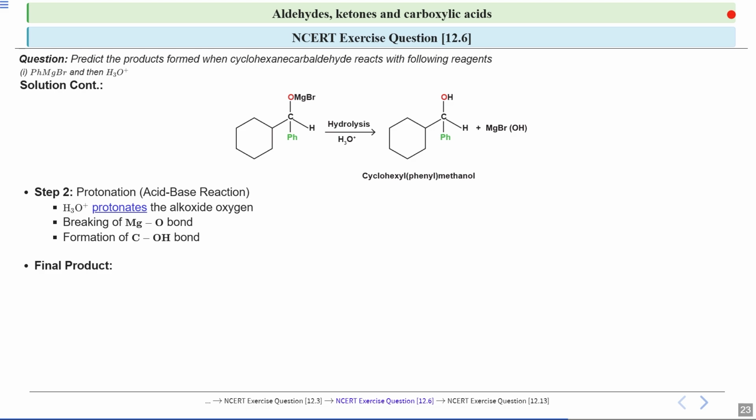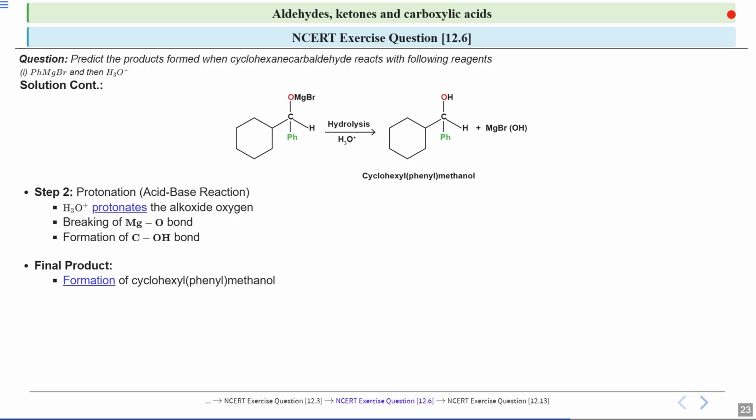So we'll see the final outcome of this product. There is formation of cyclohexyl phenyl methanol, and this compound has both a cyclohexyl and a phenyl group attached to the central carbon, along with an OH group.